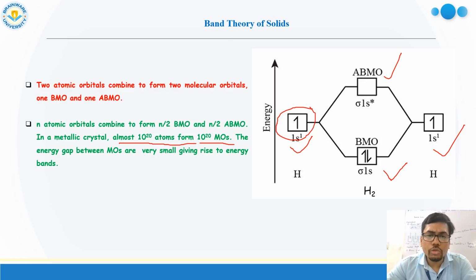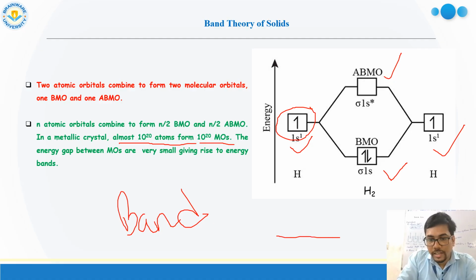Now, those molecular orbitals are too many and they are very close to each other. That's why they almost overlap with each other, so they appear as a band in spite of being discrete energy levels.